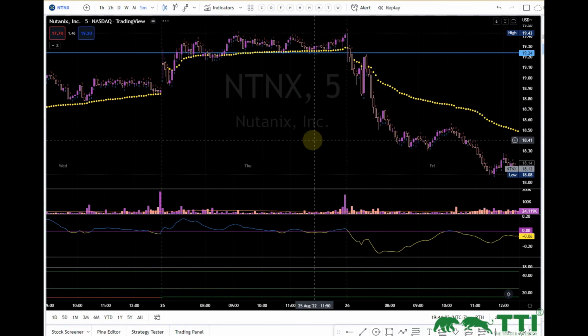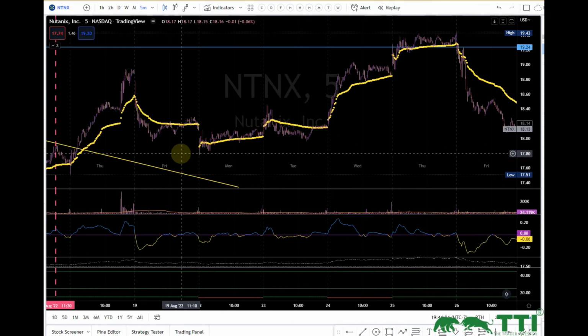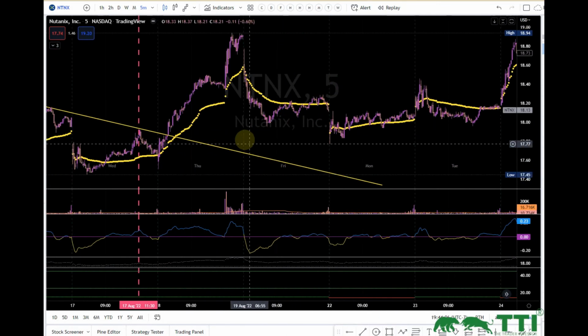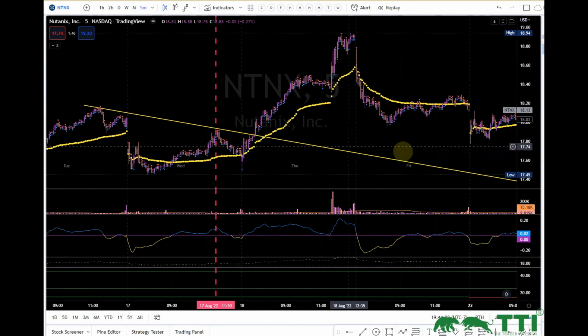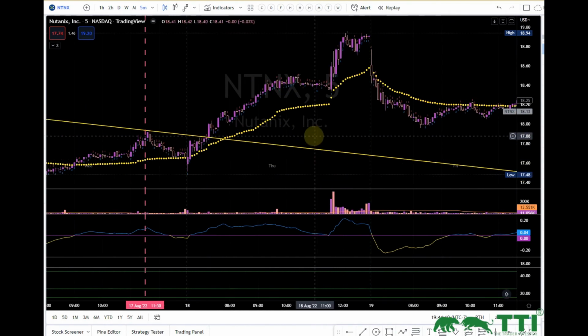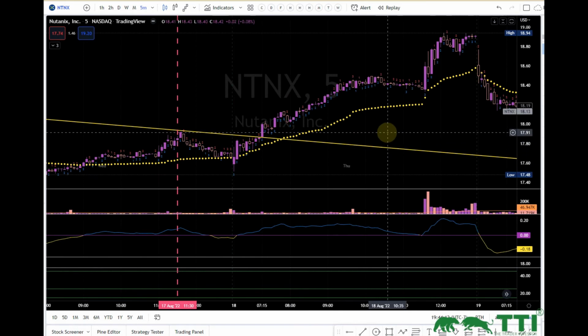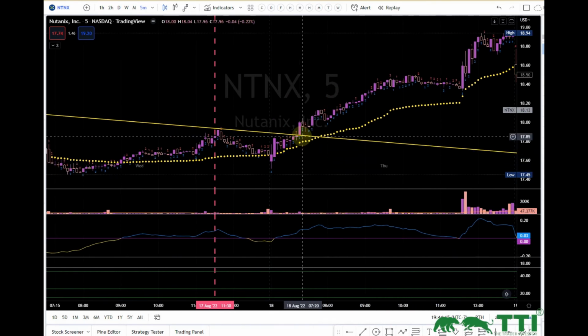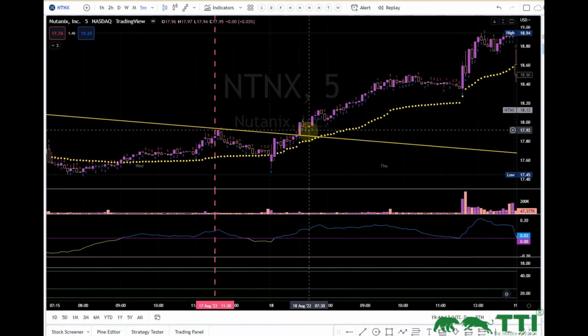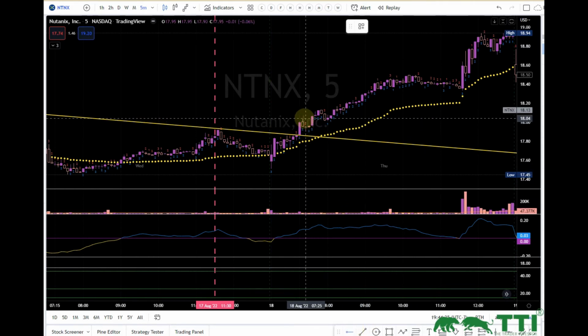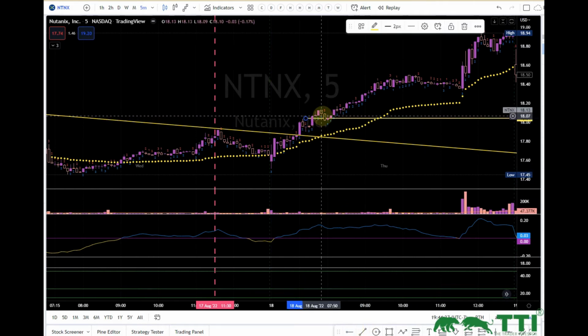Kind of hard to see sometimes, but you just have to take those. So here, exactly here, you just have to do enough of this to understand. This bar breaks it, then you get a pullback to this line, close enough, right? It's not there, but it's close enough. You get this pullback and you break this high, you have your entry.